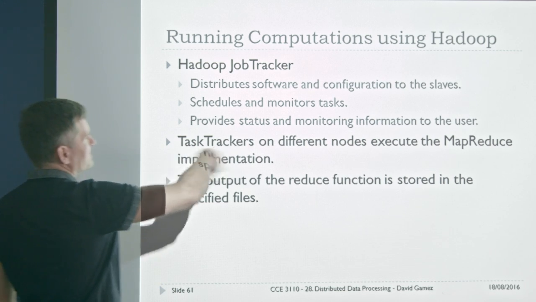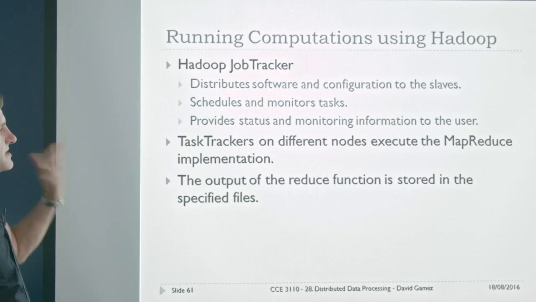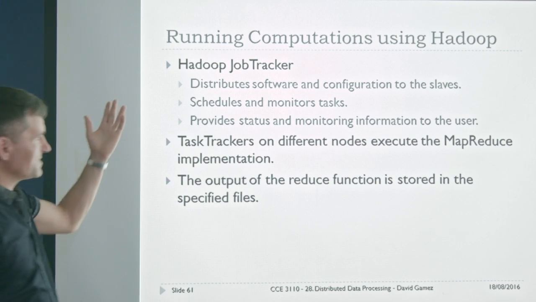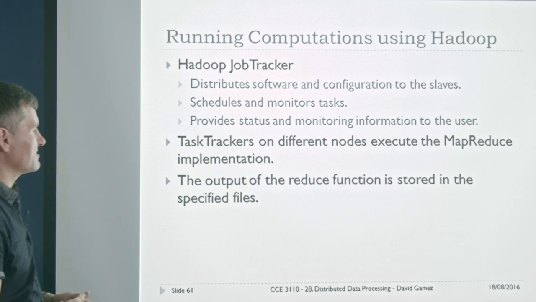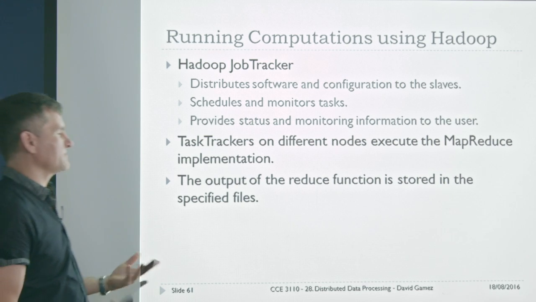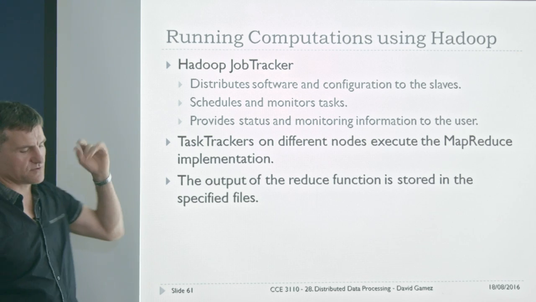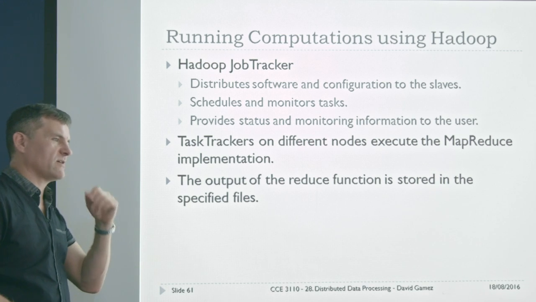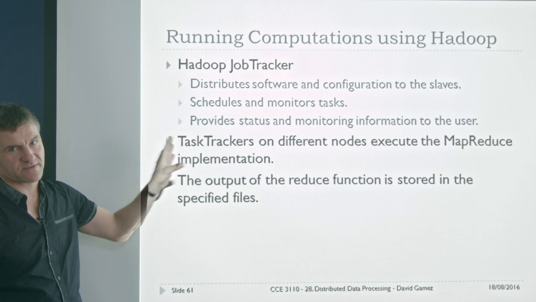It schedules and monitors these tasks, makes sure they're all running, and provides status and monitoring information to the user. And then we have task trackers on different nodes that execute the actual MapReduce implementation. Then the output of the reduce function is stored in a file. So this is the one limitation of Hadoop: it's all based on storing and retrieving things from files, and that's because it was the first successful version of this kind of system.